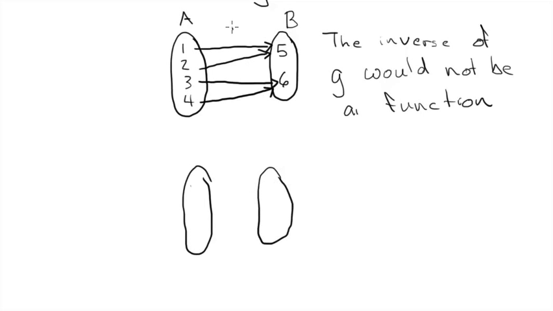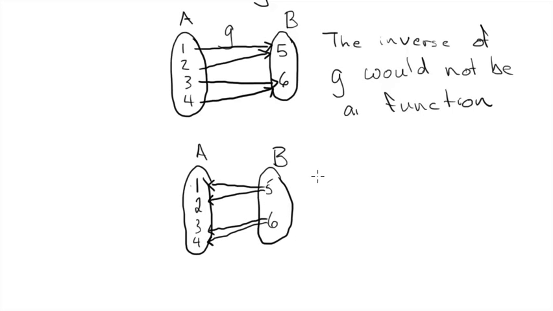So this was g. So B, A. So the inverse, 1 went to 5, so 5 would have to go back to 1, but 2 also went to 5, so 5 would have to go to 2 also. And similarly, 3 and 4 both went to 6, so 6 would have to go to 3 and 4.